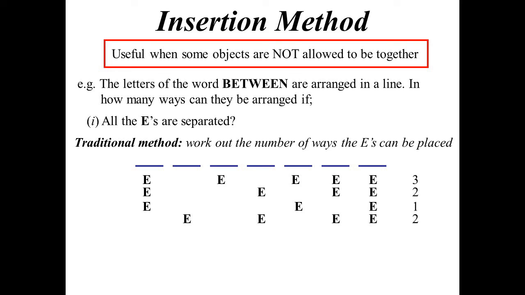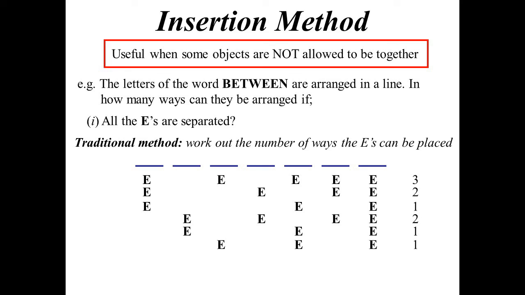But what about if I put it in the second and the fourth spot? Then I could put the last one in the sixth spot, but I could also put it in the seventh spot. That's two ways. What about if I put it in the second and the fifth spot, and then it could go in the last spot? So that gives me another one way. I think we've used up all the ones where the first E is in the second spot.